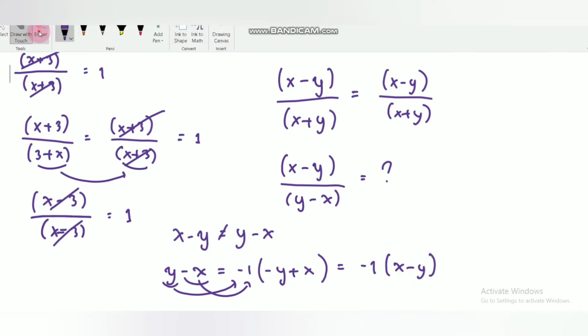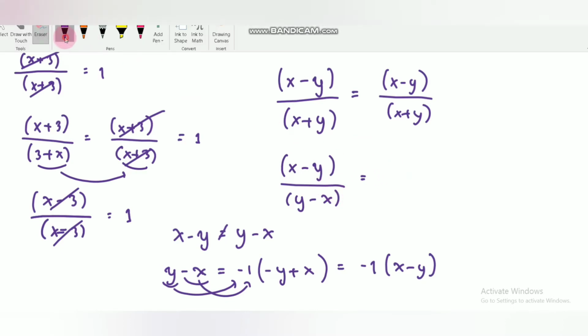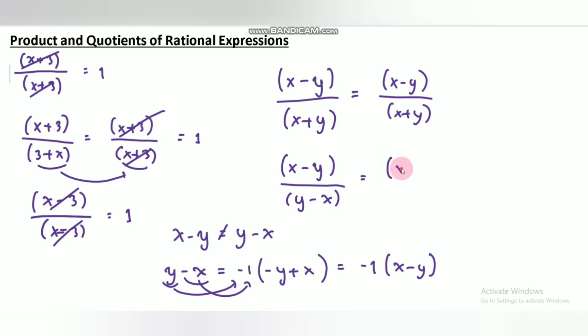This is one of the key points that I want to introduce: x minus y over y minus x, you can convert y minus x into -1 multiplied by x minus y. Again, this is the same, but don't forget you need to multiply by -1. Therefore, I have exactly the same factor in the denominator and numerator, so I can cancel it. So the final answer is -1.